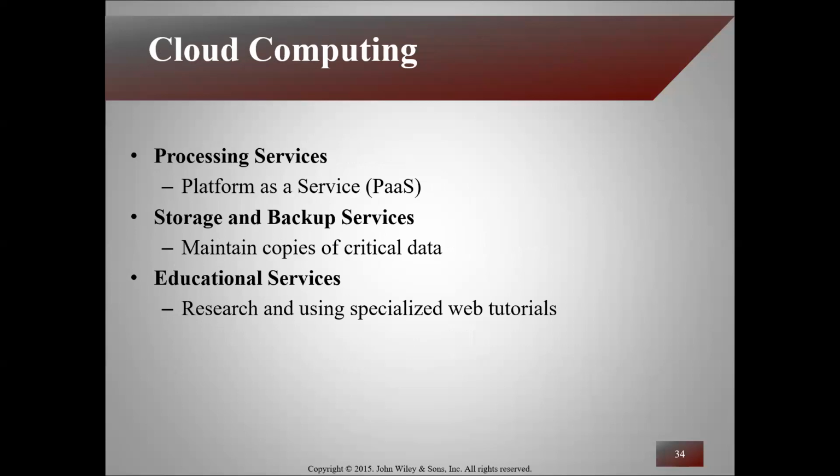As explained in Chapter 1, cloud computing refers to purchasing services from vendors over the internet. The term derives its name from the cloud-like symbol often used to depict the internet in networking diagrams. Some examples of services offered by cloud computing are processing services. These are companies that access specialized software, for example, tax preparation applications.